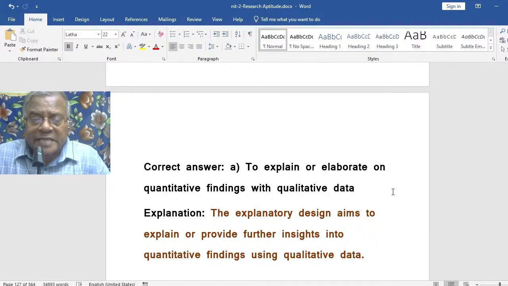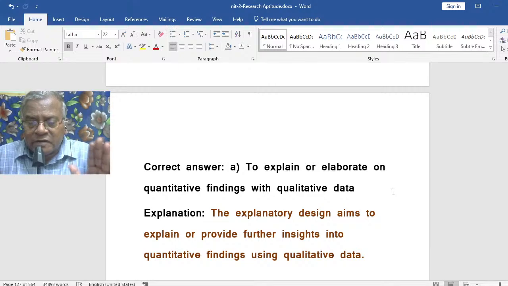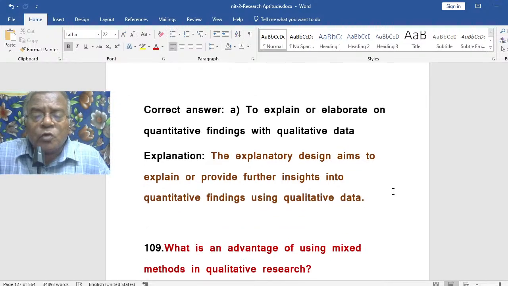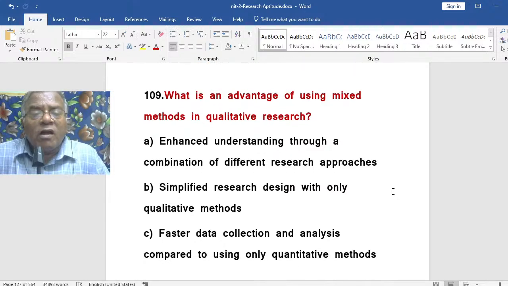Whereas here, in this explanatory design, first quantitative findings and then qualitative data. Of course, you understood three different things actually. So the explanatory design aims to explain or provide further insights into quantitative findings using qualitative data. What is an advantage of using mixed methods in qualitative research? What is an advantage of using mixed methods in qualitative research?